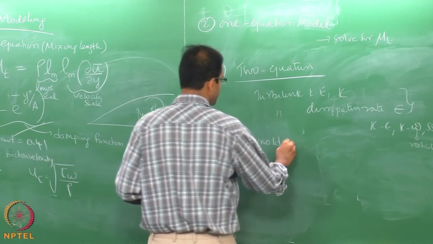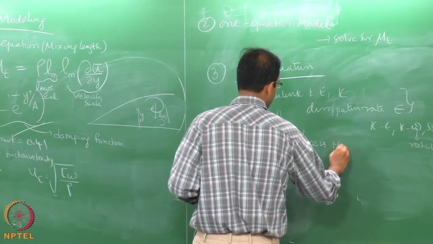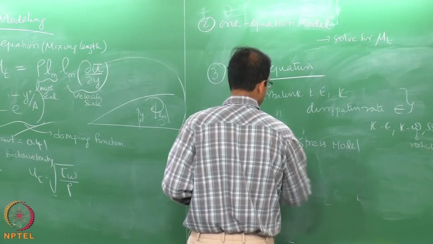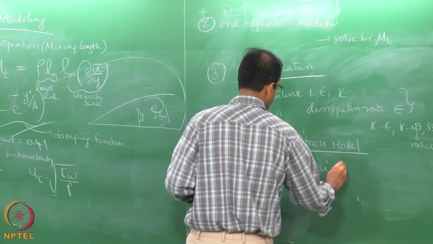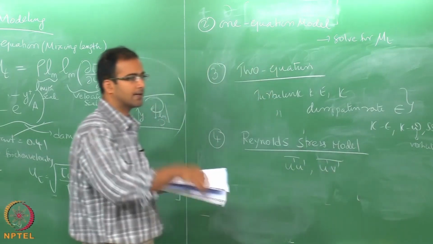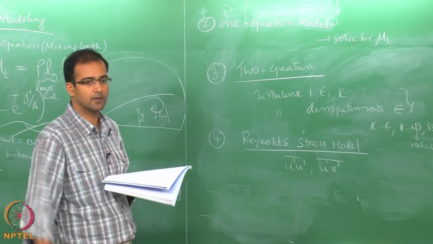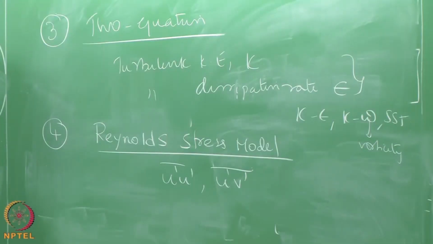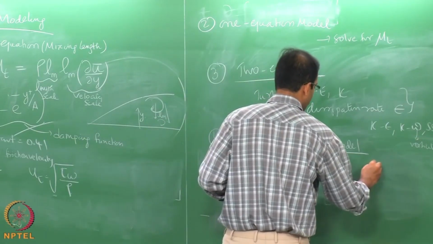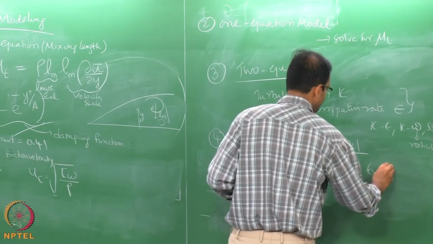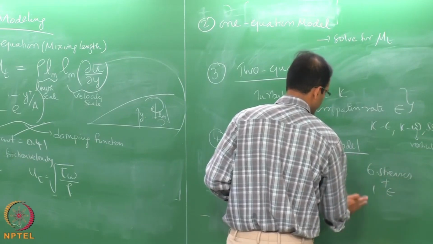These turbulent stresses are also called Reynolds stresses. We can solve PDEs for u prime, v prime, and so on. But there has to be a closure for the higher moments, which will be closed in a different way. So, in 3 dimensions we solve for 6 stresses plus 1 equation for dissipation rate.